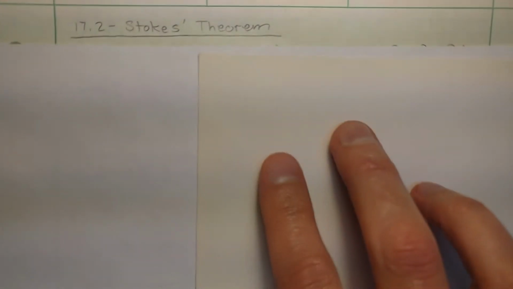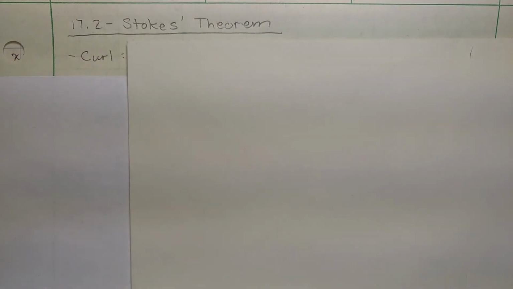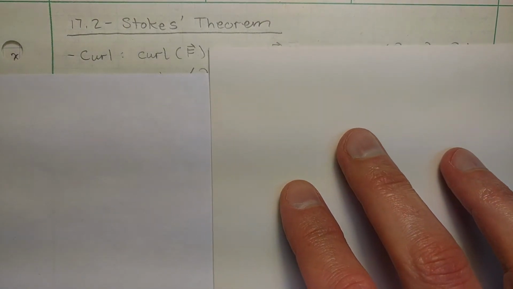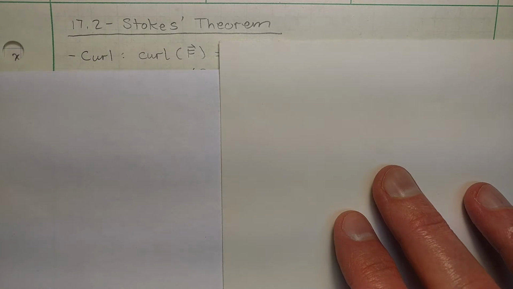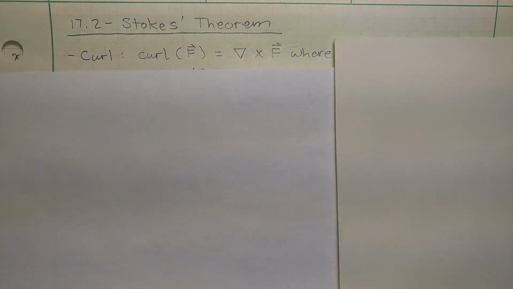First, let's talk about our concept of curl. We introduced that last time. Let's look at curl, particularly curl in 3 dimensions. Curl, which we just write as the curl of a vector field, is equal to nabla crossed with our vector field.